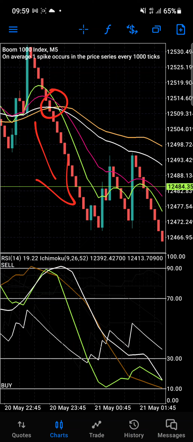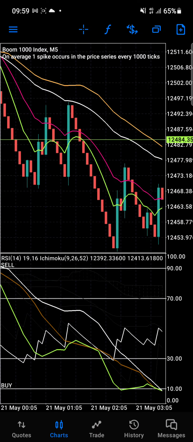Remember, this will be coming from the resistance zone, and definitely this is Boom, so it will be coming down from a resistance zone. So definitely the support region should be your exit area. You should have that at the back of your mind.